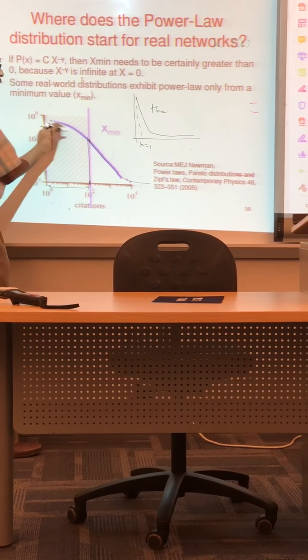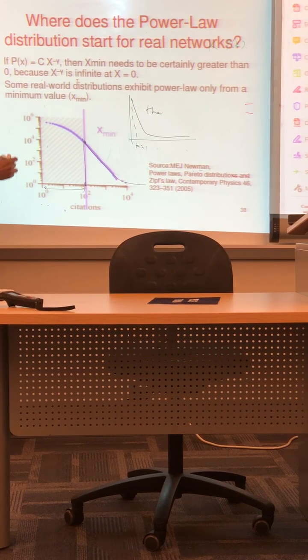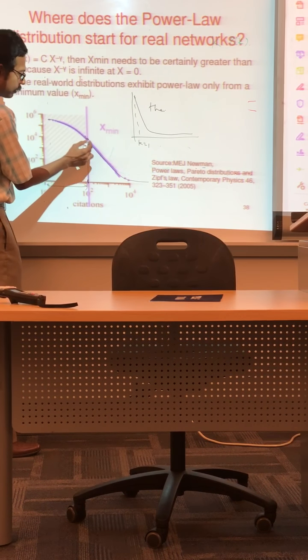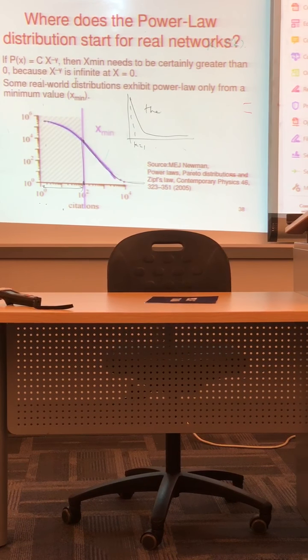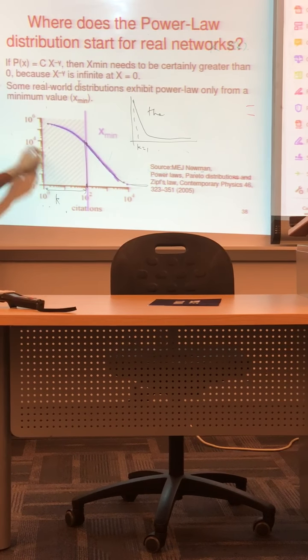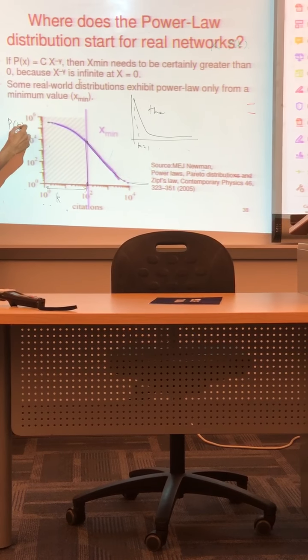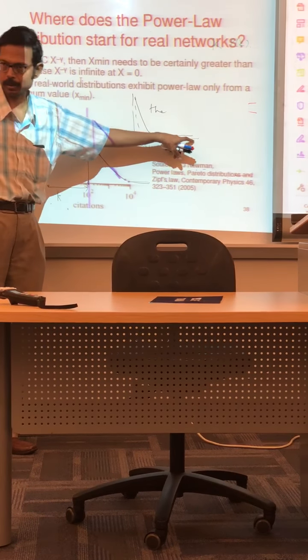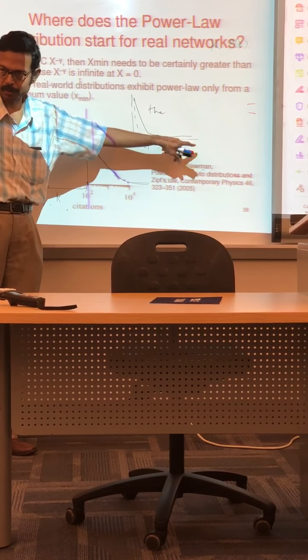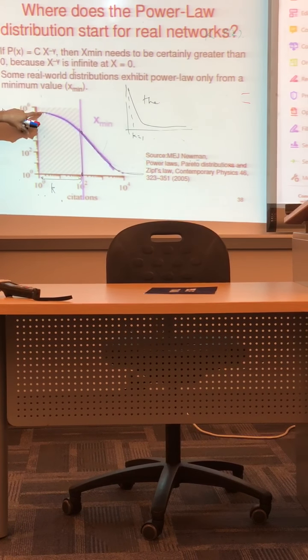Like if you see the shape of this curve, right? Okay. For some citation network. So the k versus P of k, you don't see this kind of sharp decrease and then a constant slowly decreasing trend right from the beginning.